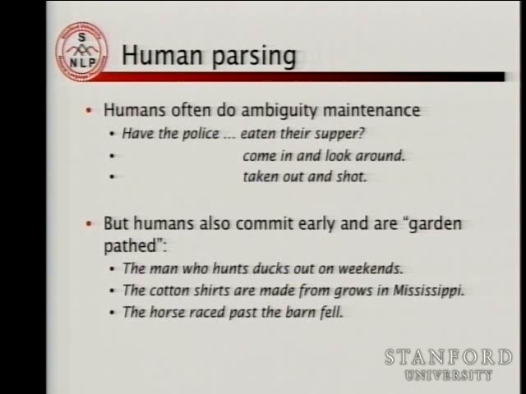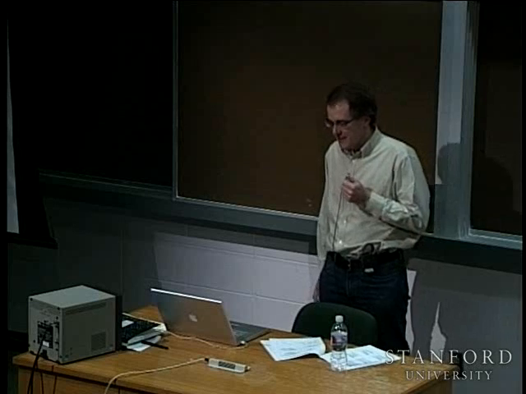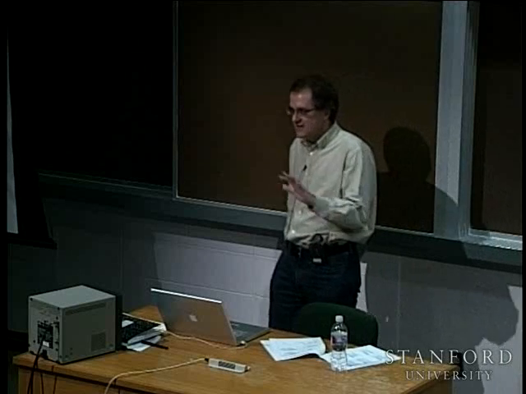Whereas if you have the sentence "have the police come in and look around," there the "have" is an imperative verb and the police is the object of having. And "have the police taken out and shot" is also an imperative style. So you get these different syntactic structures, but it doesn't seem to worry human beings when they start to listen to words. On the other hand, it doesn't seem like human beings maintain ambiguities forever.